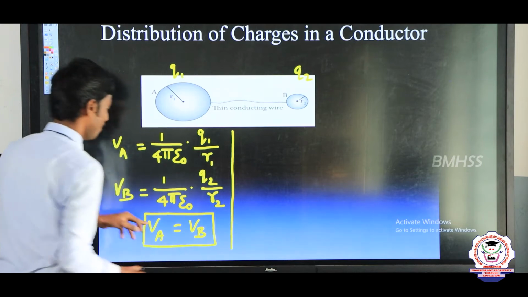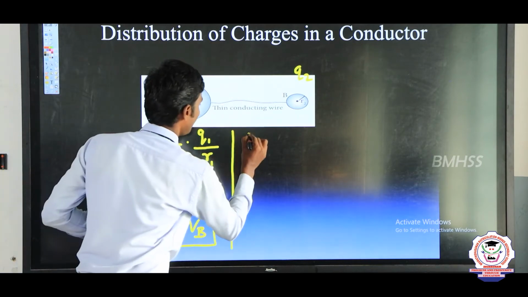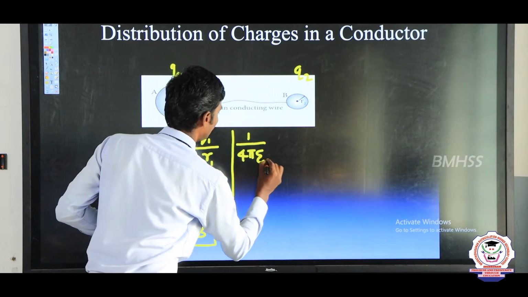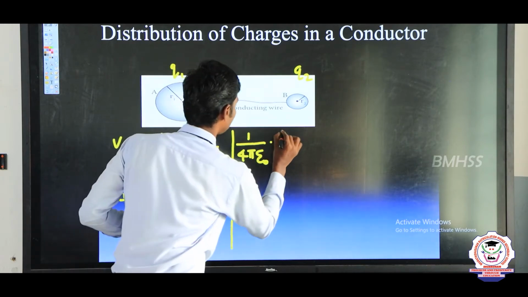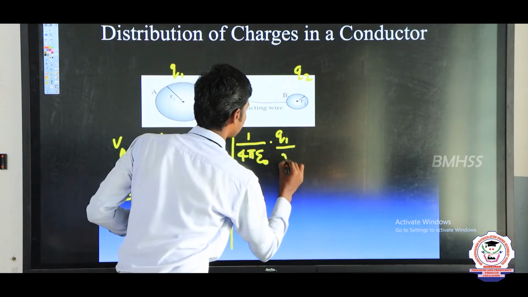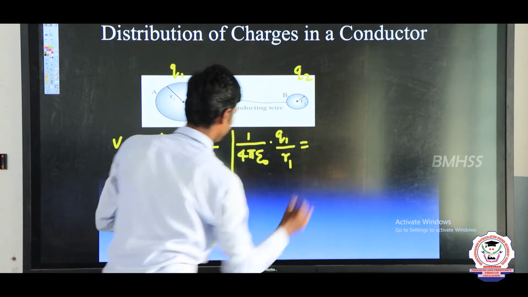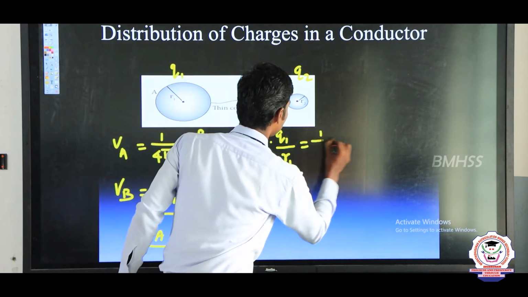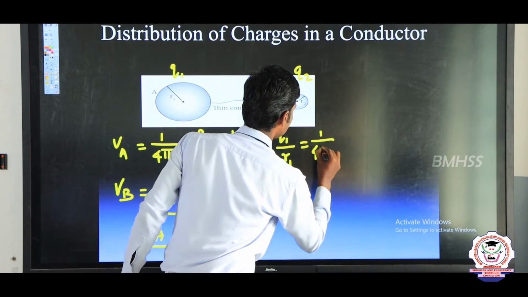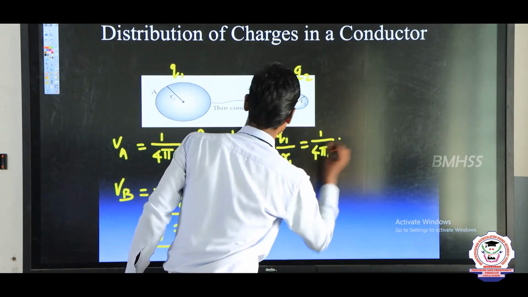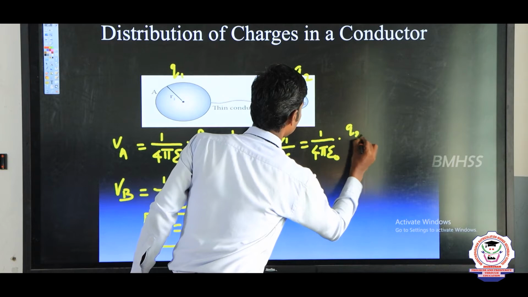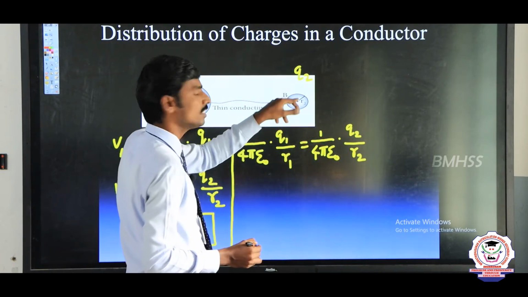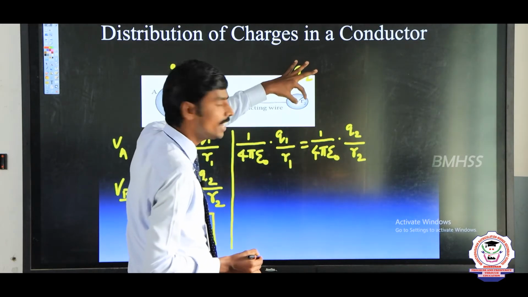VA equals 1 by 4 pi epsilon naught into Q1 by R1, equal to the VB value. VB is 1 by 4 pi epsilon 0 into Q2 by R2. Here Q2 is the charge residing on sphere B and R2 is the radius of sphere B.